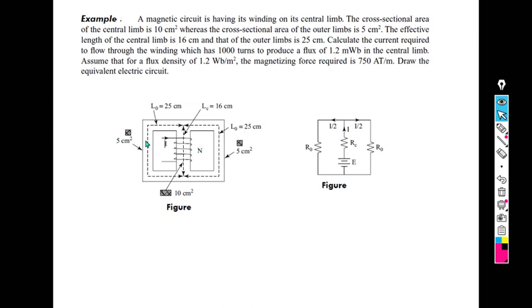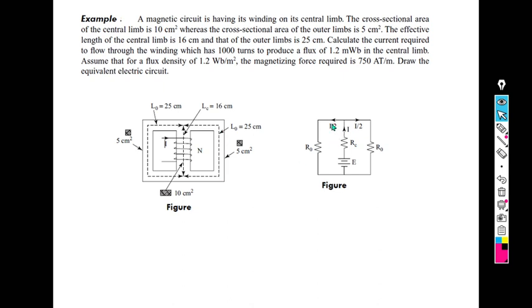So, both the area of outer limb, if you consider left limb and right limb, that means both outer limb length and area are same, the material is also same. So, we can consider that the reluctance of this path are same.